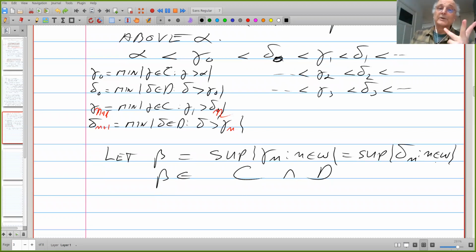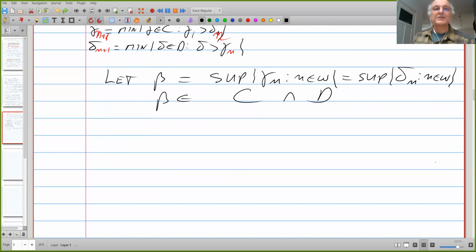So now we know the closed unbounded sets are closed under finite intersections. Because if the intersection of two closed unbounded sets is closed unbounded, by induction, the intersection of arbitrary finitely many closed unbounded sets is again closed and unbounded.